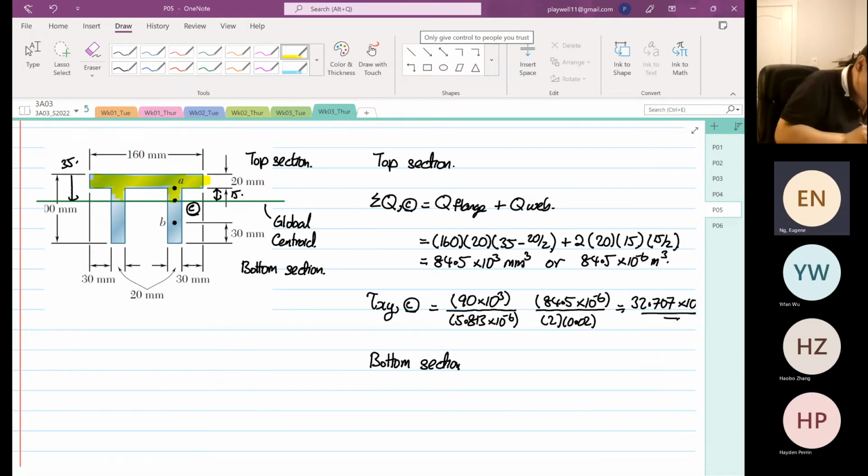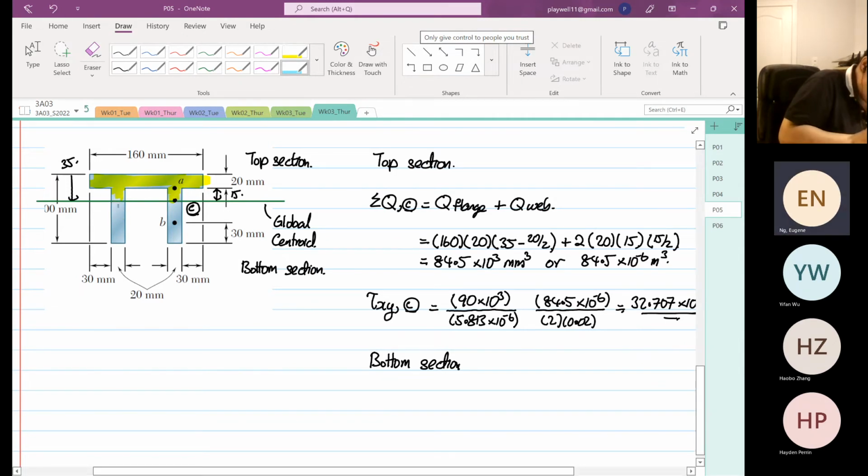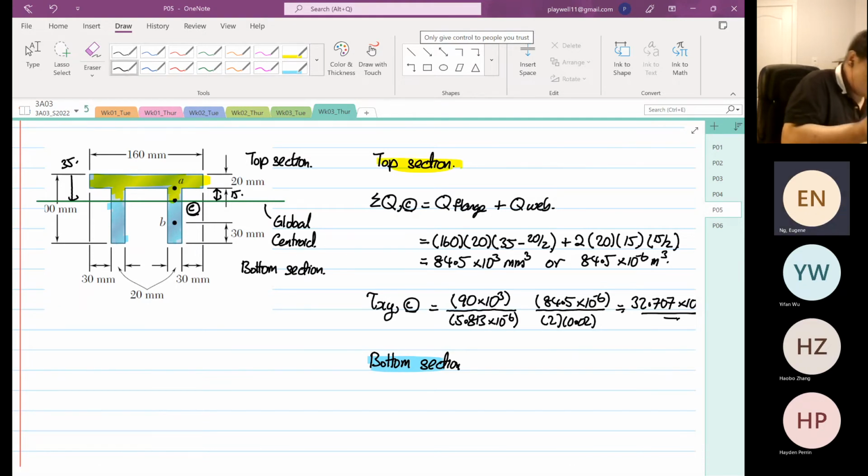Then the next one, when I say bottom, we are just going to take, hold on, wrong color. We are just going to use this area over here. Okay, that I'm shading in blue now. I hope you can see my shading in blue. Okay, so this is for the bottom section, right? And then the one in yellow is for the top section. And the answer should be the same.